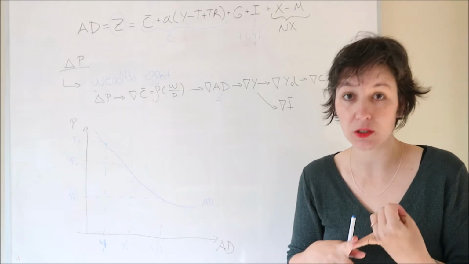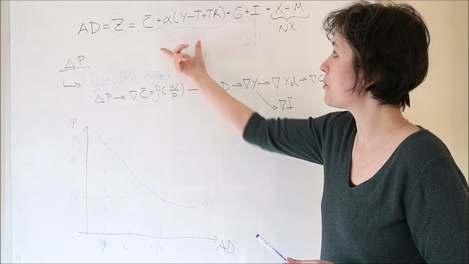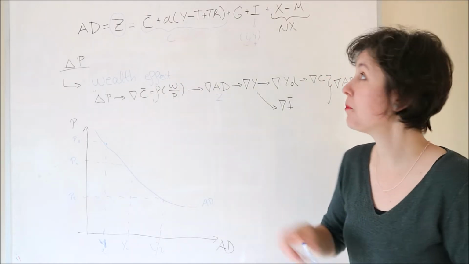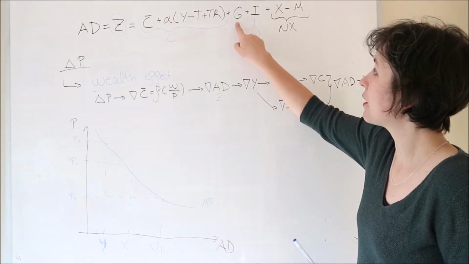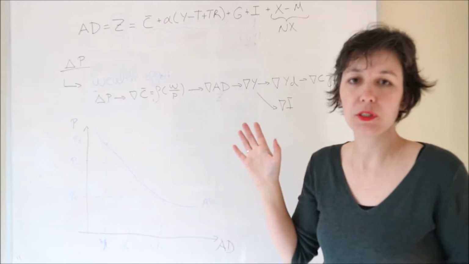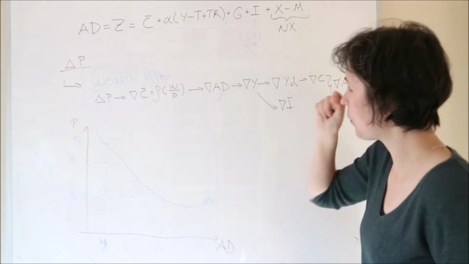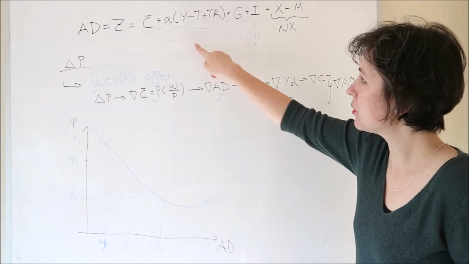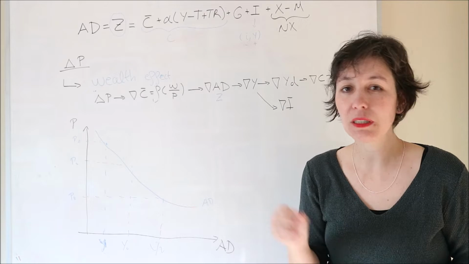So we are talking about consumers, in that case it is consumption. Also we are talking about firms, in that case it is investment, the government, public spending, and the rest of the world, okay, if we are open to the rest of the world. So exports minus imports.